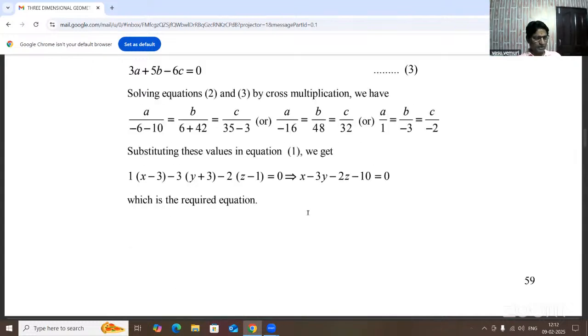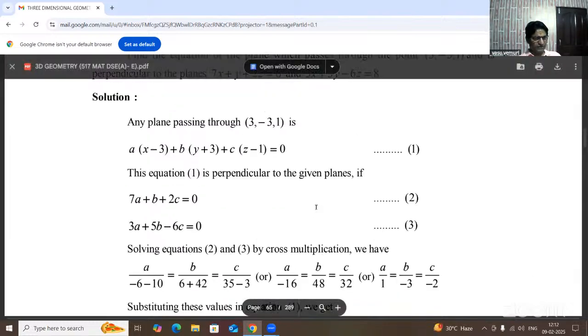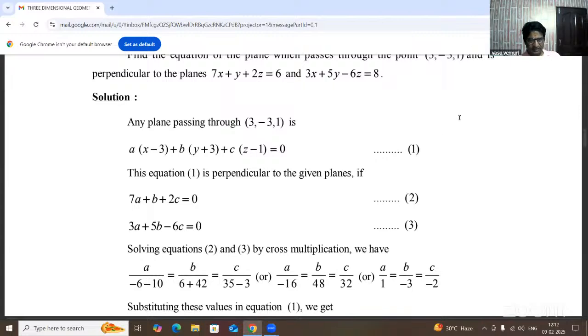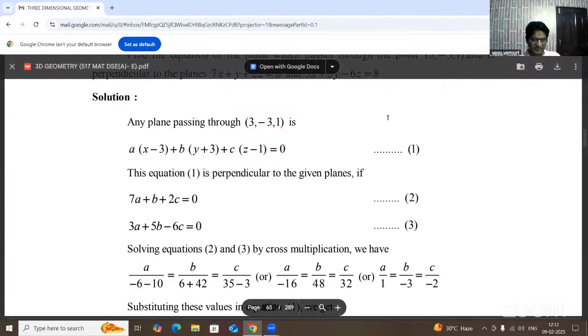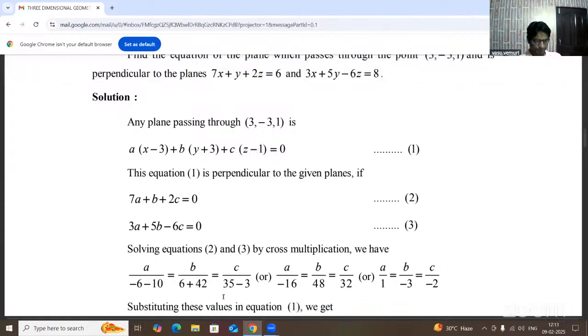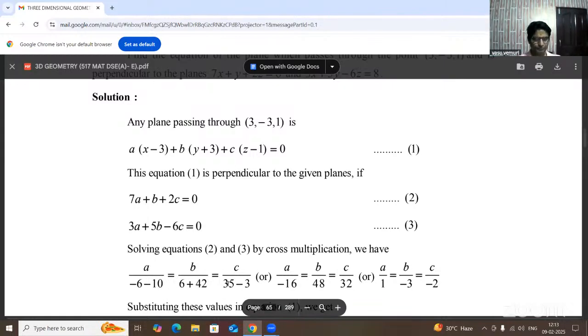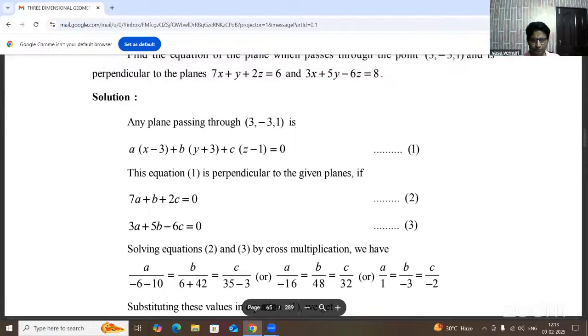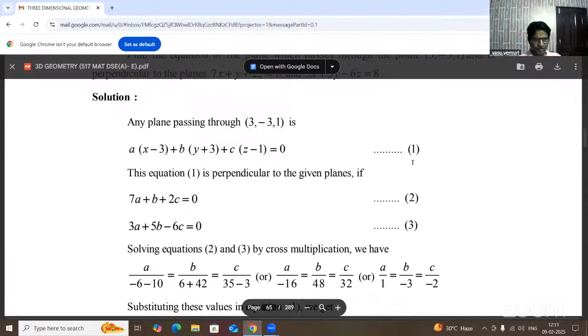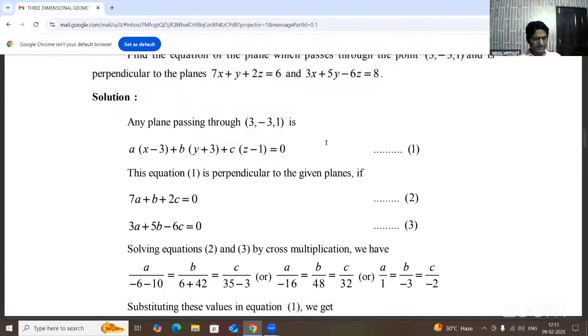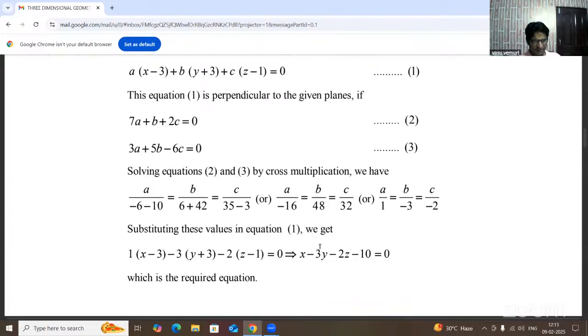So A value 1, B value minus 3, C value minus 2, substituting in the first equation, we get 1 of x minus 3, minus 3 of y plus 3, minus 2 of z minus 1 equal to 0.